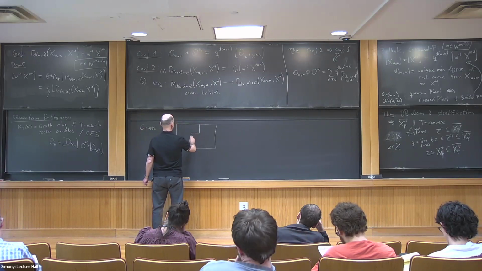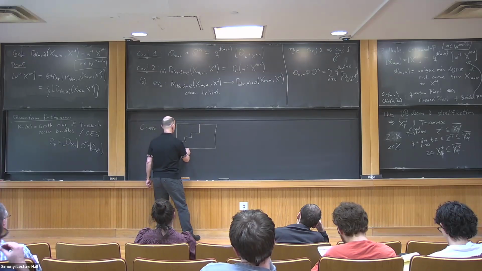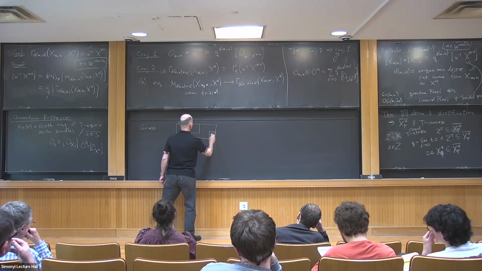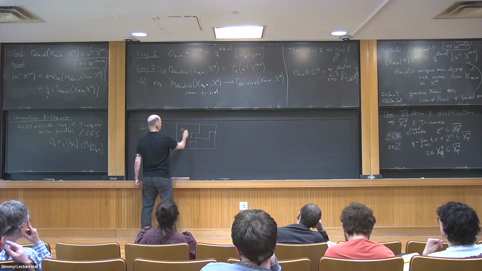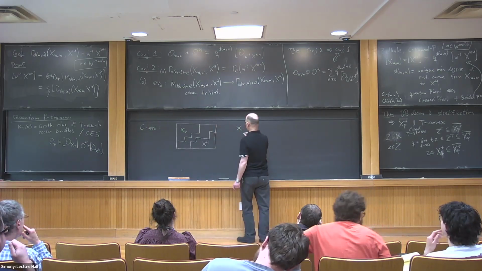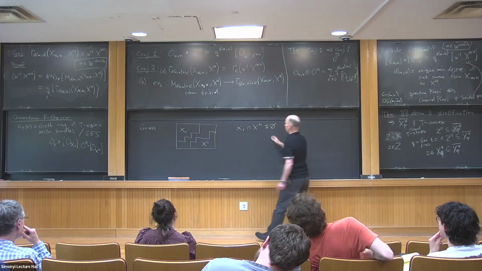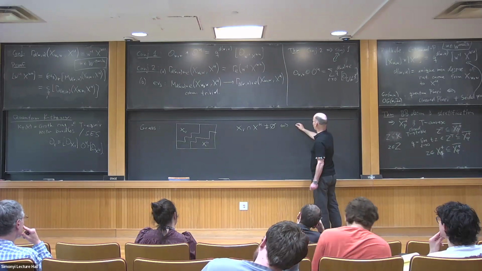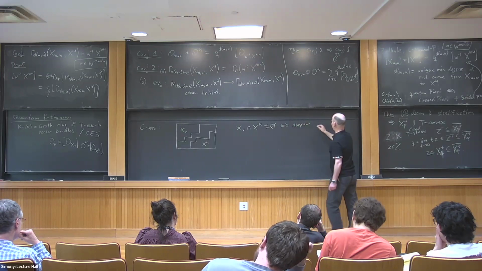Well, if we have two opposite Schubert varieties, say this is X lower v, and this is X upper u, then when is X lower v intersect X upper u not empty? Well, that's only if the diagrams are disjoint.